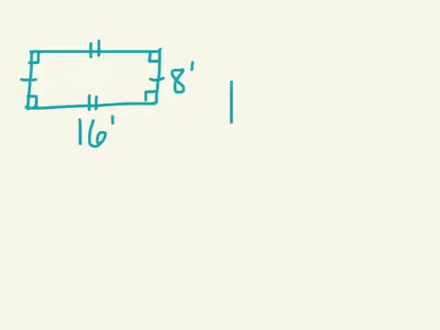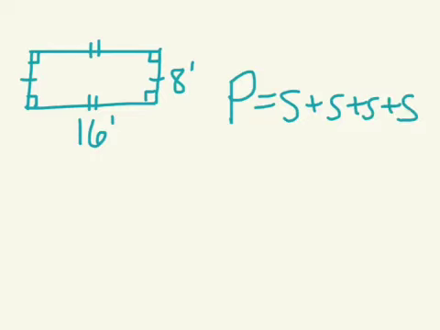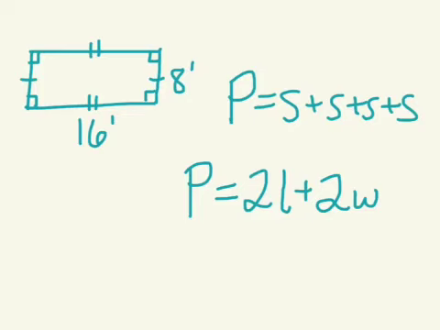So in this case, the perimeter equals side plus side plus side plus side, or other ways that you can group it, you could do 2 of the lengths, 2L, and then add that to 2 of the widths. And that might be a more friendly way of doing that with mental math.